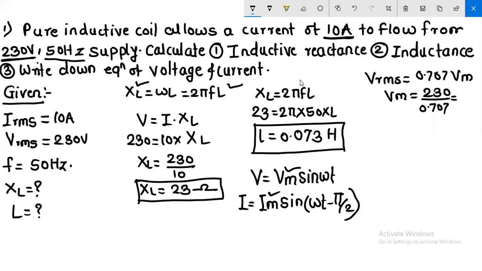And IRMS is equal to 0.707 Im, so Im is equal to 10 divided by 0.707. Tell me the values of Vm and Im. 325.31.